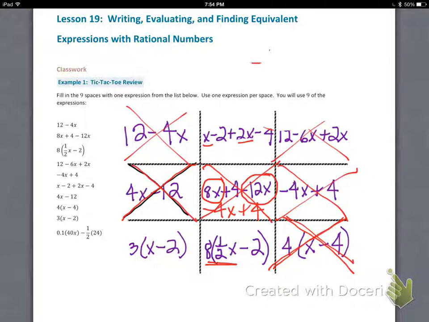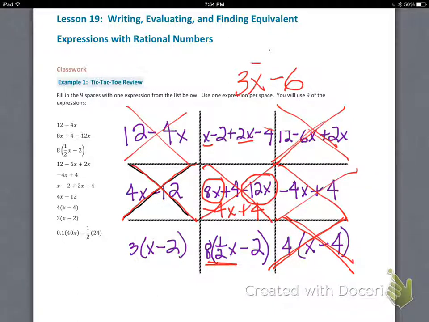Okay, so let's go ahead and give you my last one. I have a last expression, and it is 3x minus 6. So go ahead and find any and all that are equivalent to that 3x minus 6.